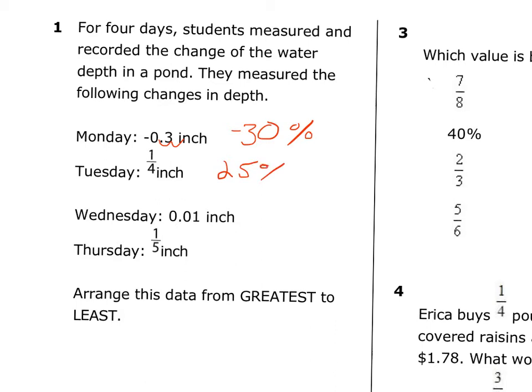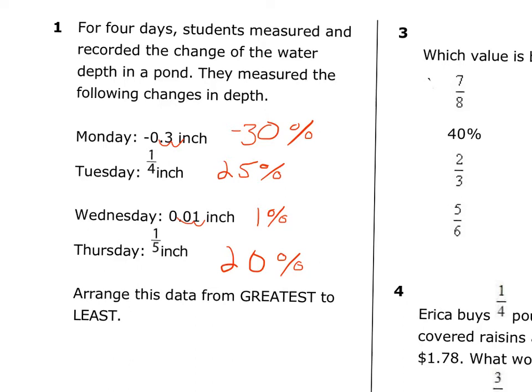That should be one that's right off the top of your head. 0.1 is 10%. And 1/5 is 20%. If you didn't know that, you could just say 1 divided by 5, which is 0.2. 0.2 is then 20%. Alright, so now, if I'm going to put these in order from greatest to least, which one of these is the greatest?